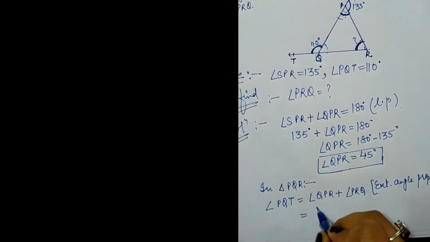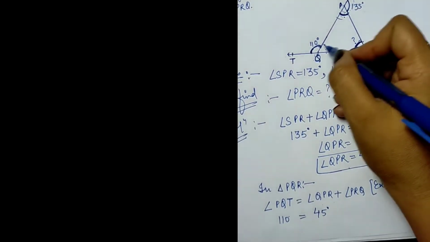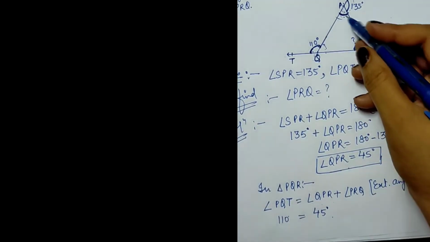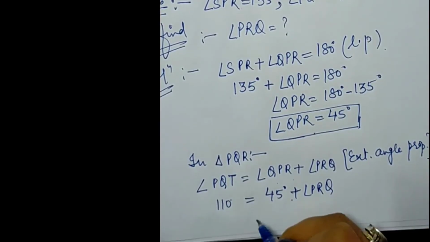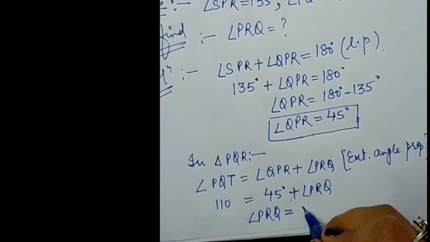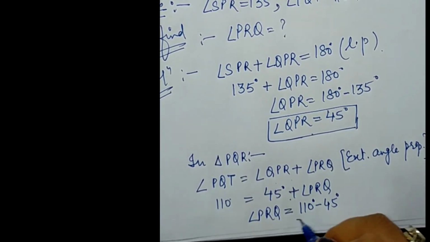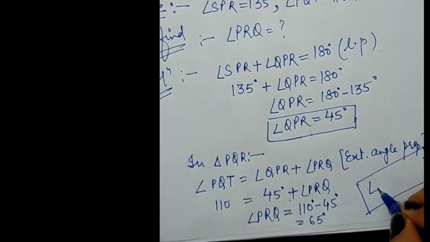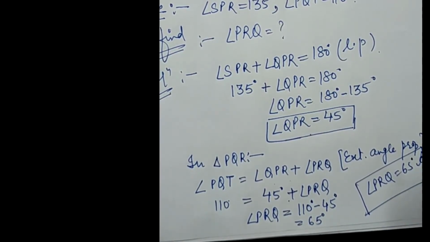So QPR is 45 and PQT is 110. QPR we got as 45 and we are supposed to find out PRQ. So you can see how we can find it out. Angle PRQ on one side only, this 45 will be shifted over there and we will be getting our required answer, which is equal to 65. So PRQ is 65. That is the required answer.